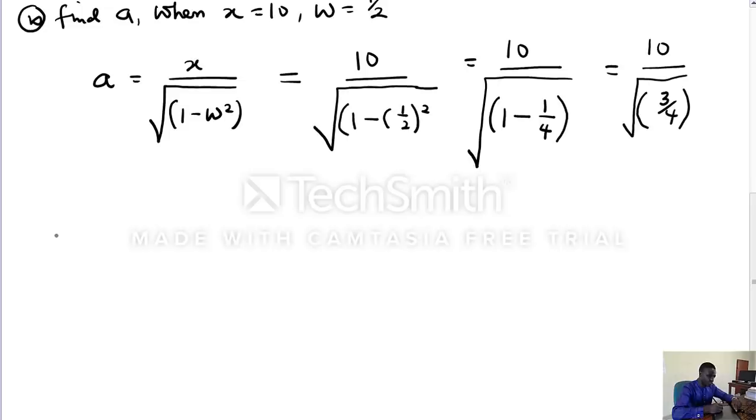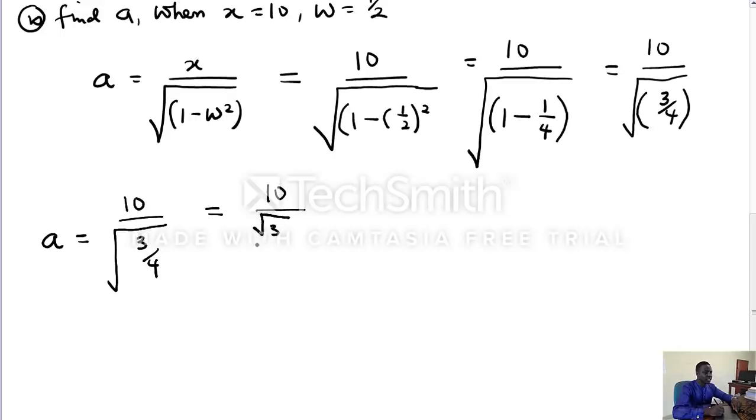So we'll have a being equal to 10 divided by square root of 3 over 4, of which in the denominator we have root 3 divided by square root of 4, which is 2.